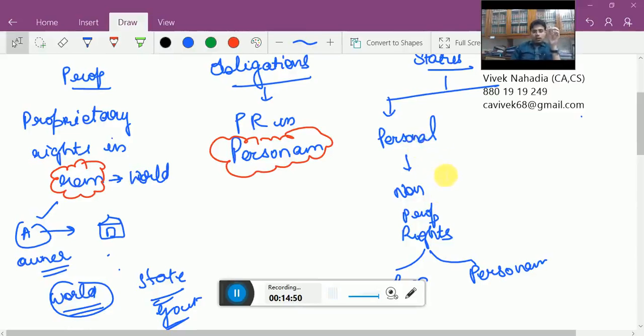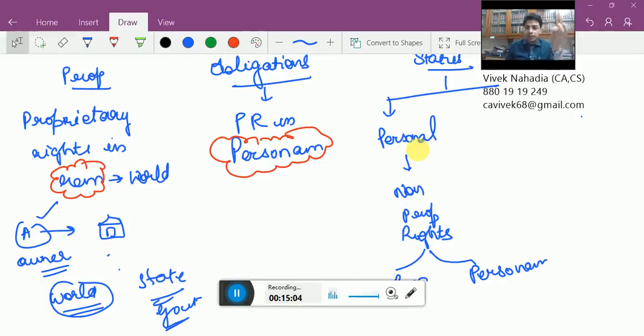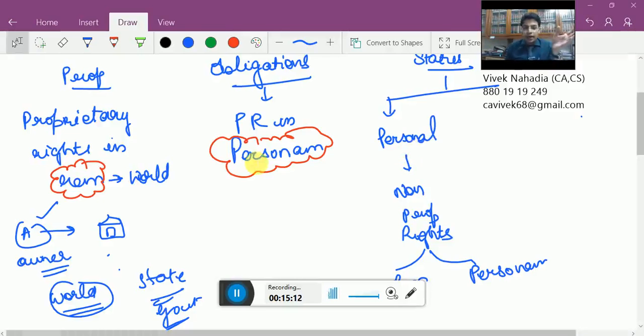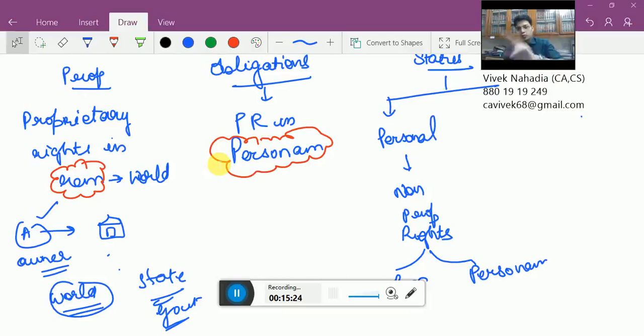So proprietary rights mean a person's estate or property, and personal rights mean a person's liberty, his reputation, his name, his goodwill, etc. So proprietary rights, which we are talking about in these two categories, include a person's estate, a person's shares, debts, debentures, etc.